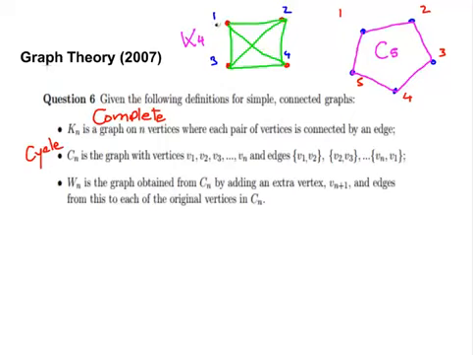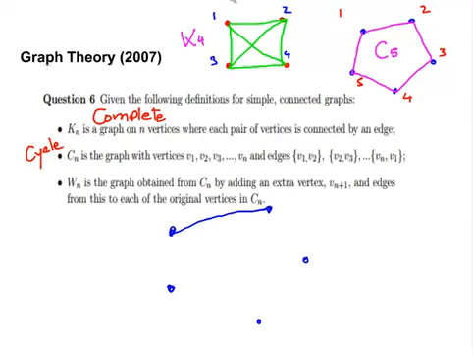Wn is a graph obtained from Cn by adding an extra vertex, Vn plus 1, with edges connected to all of the vertices of the original. Let's have a look at that again. 1, 2, 3, 4, 5, connected like that.